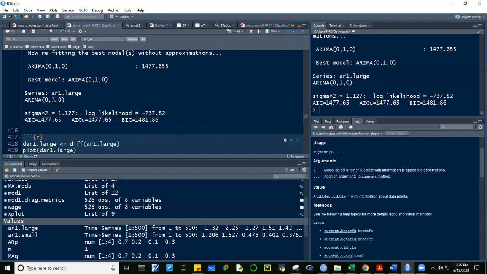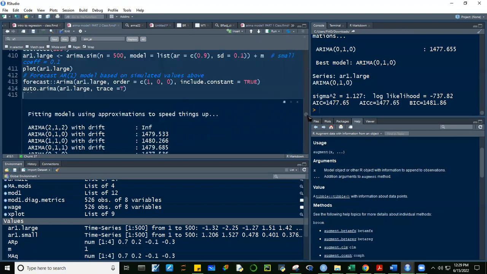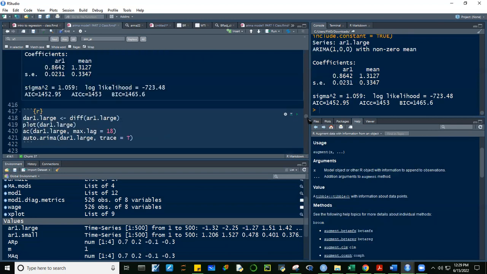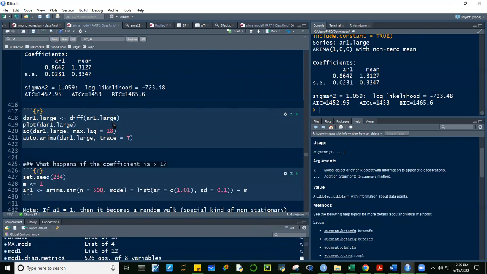Kung ang gagamitin natin itong AR1 process, ang AIC niya is 1452.